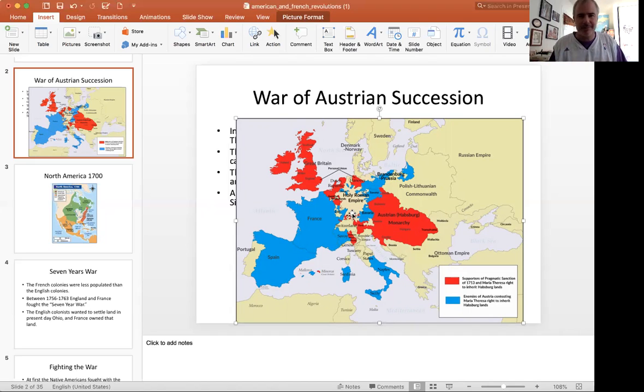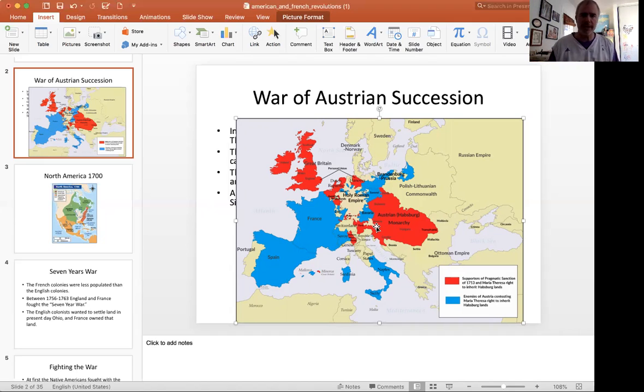Okay, it hadn't been fully together for a long time, but it was officially broken up. And all of this area that you see here become independent German princely kingdoms. Lords of the feudal system were given their own country. Okay, and Austria falls back into the area of modern day Austria, where its capital city is Vienna.